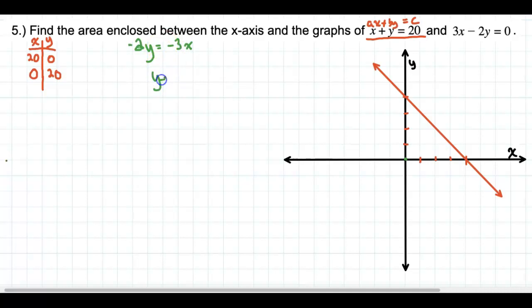So y is equal to 3 over 2 x. Alright, so we're just going to have a rise of 3 and a run of 2. Okay, so those are my 2 points. I'm starting here, rise of 3, a run of 2. Alright, and I'm going to go ahead and draw that line.